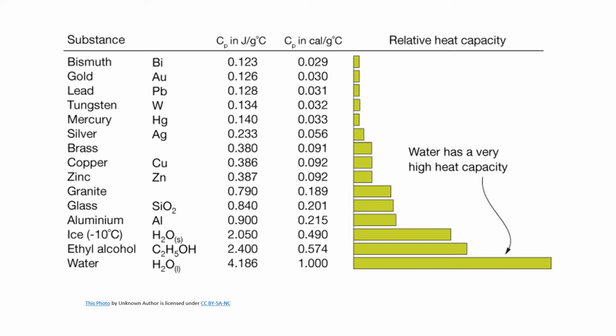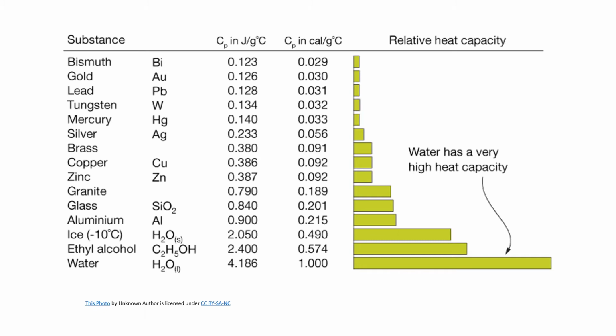An equal mass of water in the same sun will not become nearly as hot. So we would say that water has a high heat capacity, the heat capacity being the amount of heat required to raise the temperature of an object by 1 degree Celsius. Water is very resistant to changes in temperature, while metals in general are not.